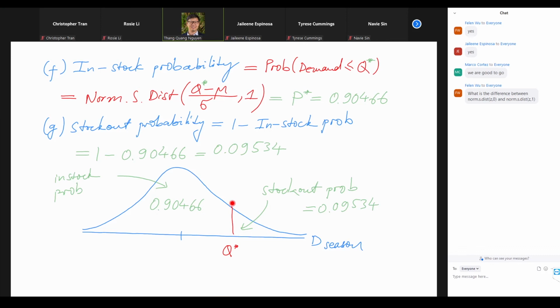But if you do the comma 1, then they will do the cumulative. So they will go from the left-hand side, add all the areas here all the way up to that point, right? So comma 0 means Excel only gives you this much, the height. But comma 1 means that they will give you all the areas under the curve all the way up to that point. So that's the difference between the two.